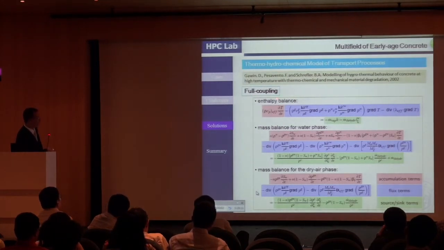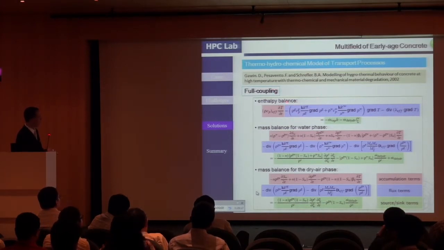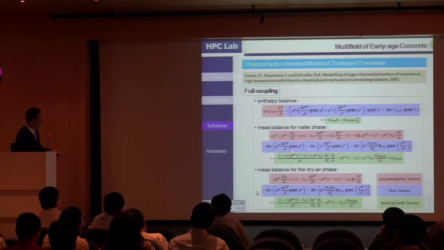So the full coupling method was developed based on the formula developed by Gawin and Professor Schrefler for the whole process. The different colors account for different parts, the mass balance of the water and also the entropy in different processes.